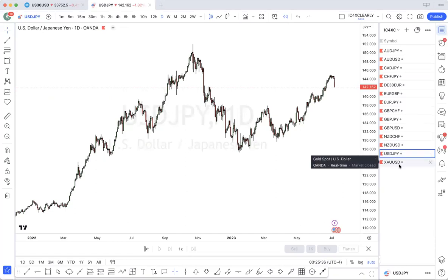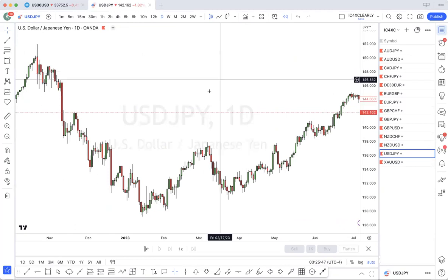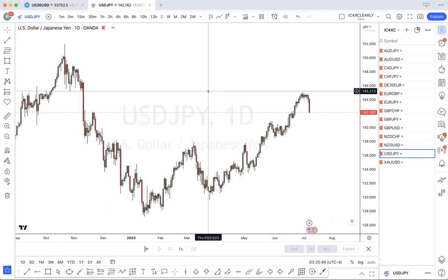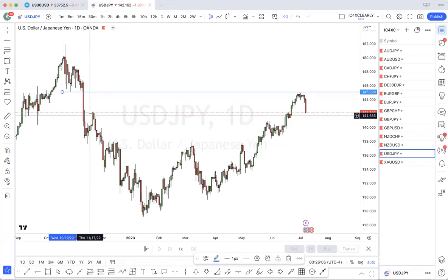USD/JPY. Did it tap it? We have price action here. This is the order block that sponsored this break of structure.